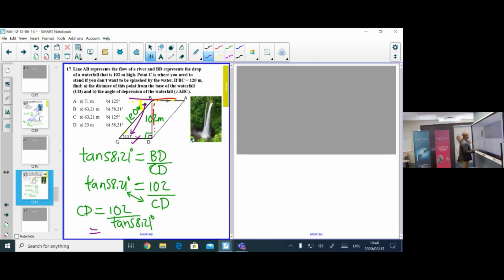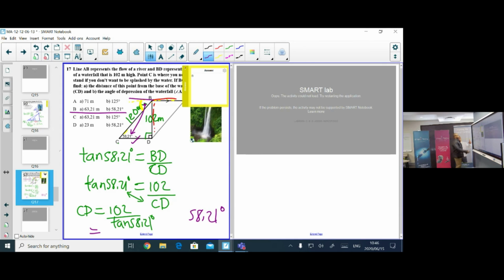So that means the angle of depression is also 58.21 degrees. Okay, so our solution to all this is B. So B happens to have everything that we want, which means our solution to that CD was then 63.21 meters, and our angle is 58.21 for the angle of depression.